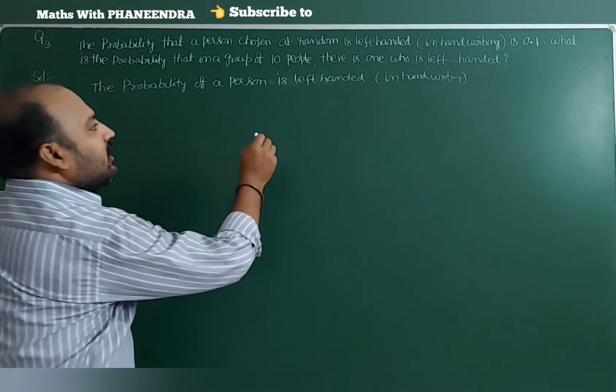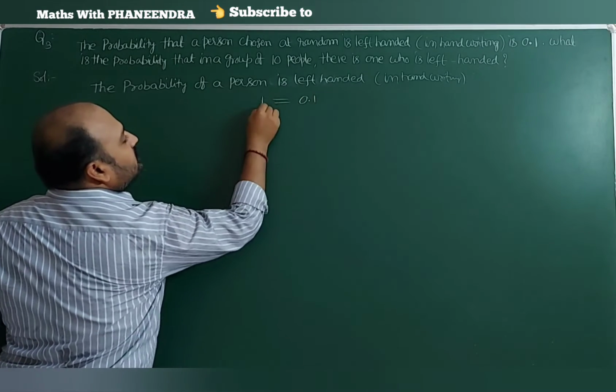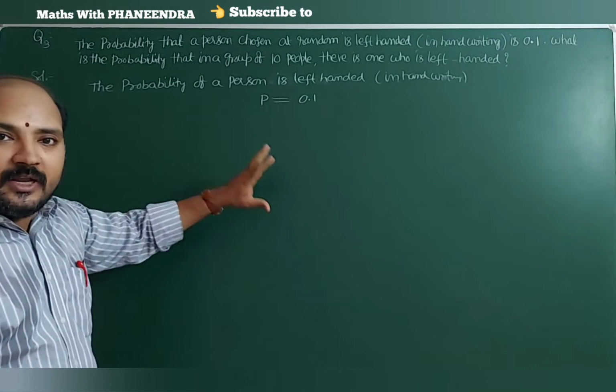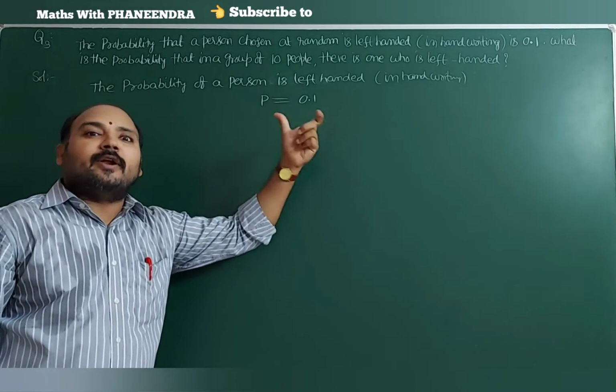How much is it given? The probability is given as 0.1. So we are assuming that p here is the probability of the person being left-handed in writing.